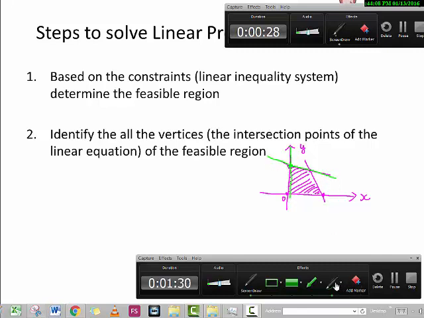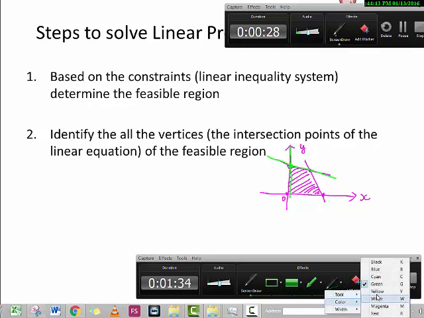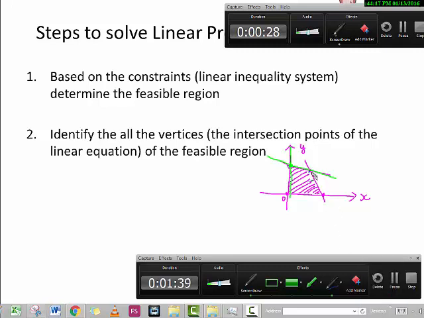Let me use another color. This time I use blue. So this vertex is the intersection between these, and this time is this one.